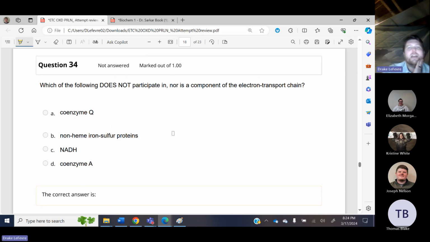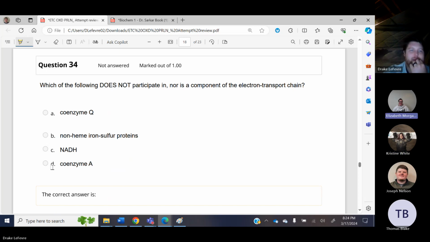Which of the following does not participate nor is a component of the electron transport chain? Coenzyme A. Where does coenzyme A come from?